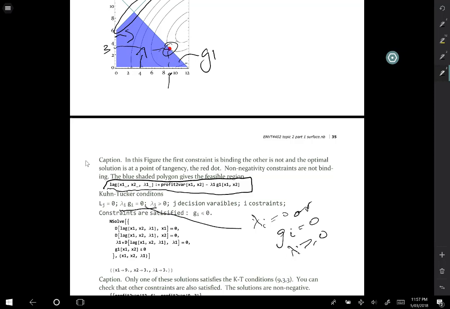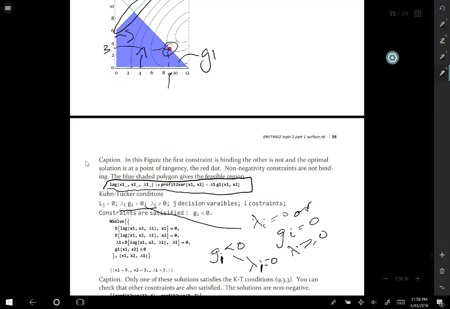Well, basically, if a constraint plays no part in the optimal solution, then you'll tend to find that its value is strictly, so let's say we have a constraint, let's call it constraint 1 or something like that, then if it plays no part, it's slack and its value is less than 0. If that's the case, then its Lagrangian multiplier is also equal to 0.